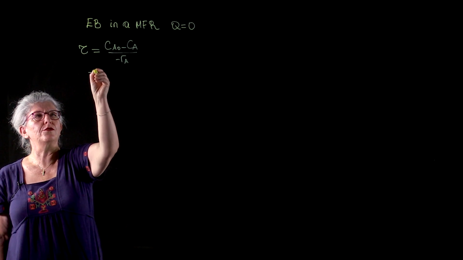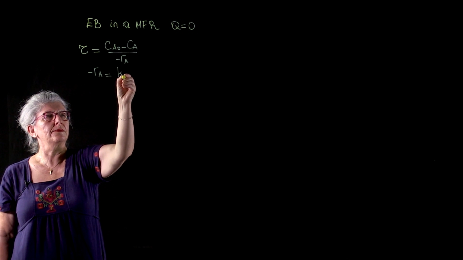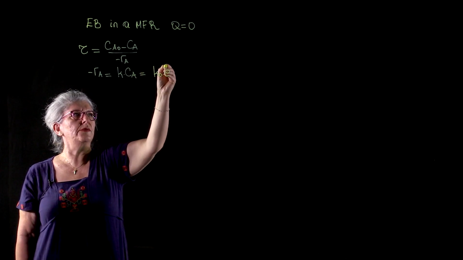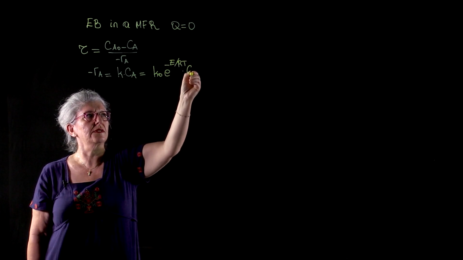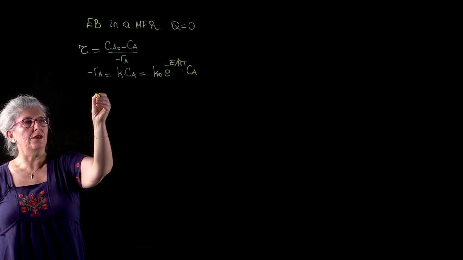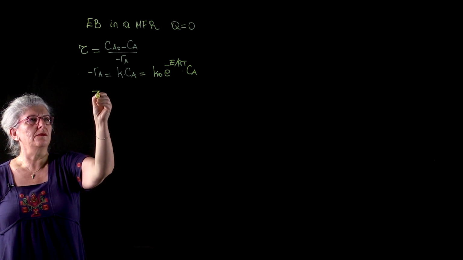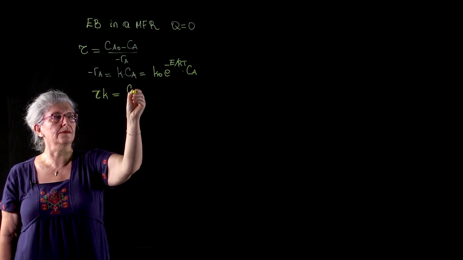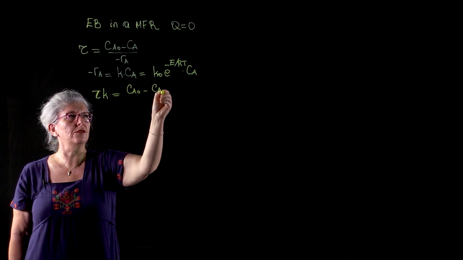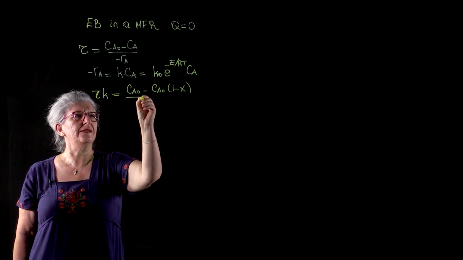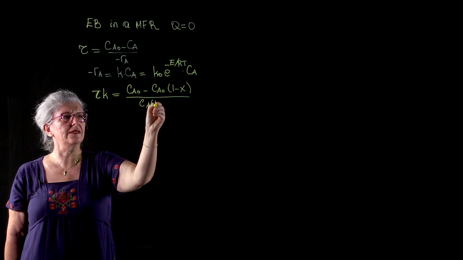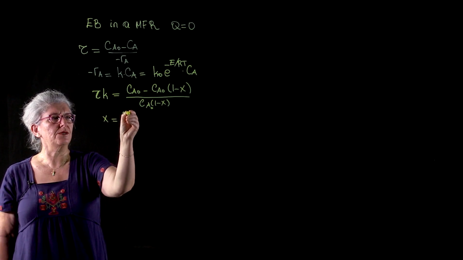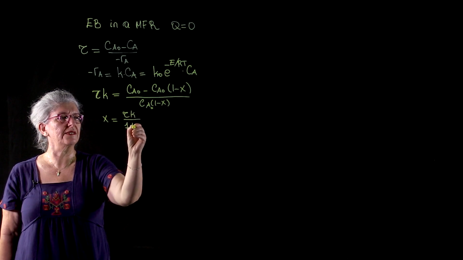And for a first order reaction, if R sub A is equal to k times Ca, or equal to k0 e to the minus E over RT times Ca, we were able to derive the relationship between the Damköhler number tau k and conversion: Ca0 minus Ca0 (1 minus x) divided by Ca0 (1 minus x), where Ca0 cancels, and conversion was tau k divided by 1 plus tau k.